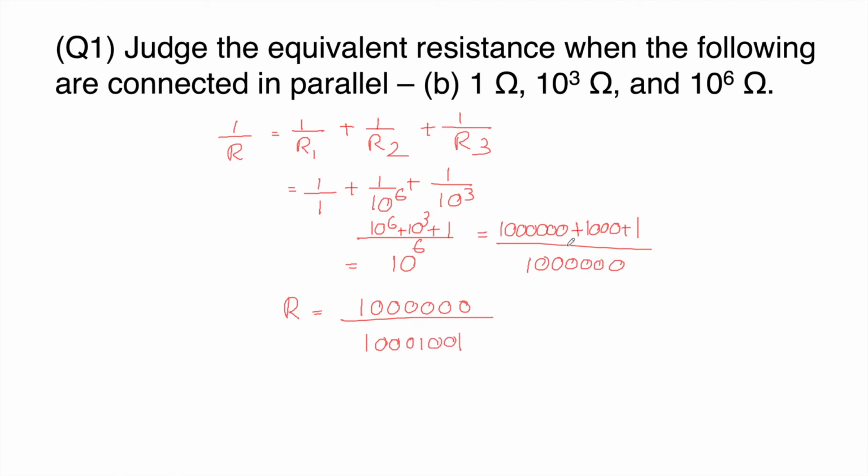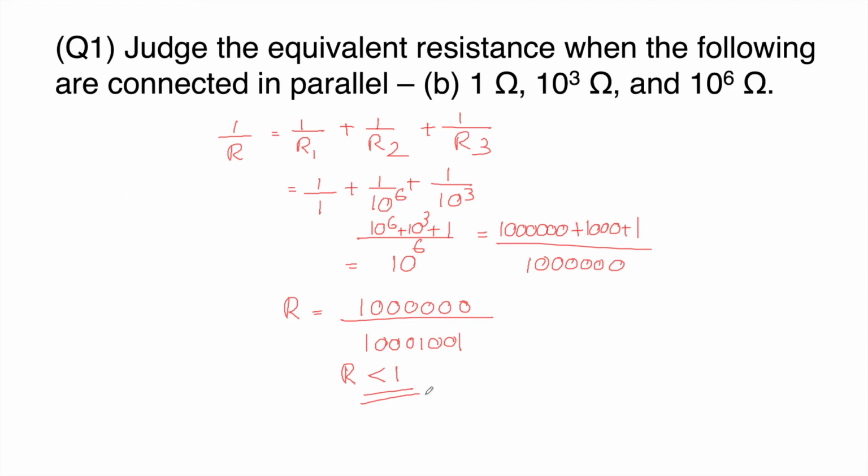After adding these three numbers you will get the denominator like this. So again the numerator is less than the denominator, a close value, but it is less than the denominator. So we can assume that the resistance again is less than 1.